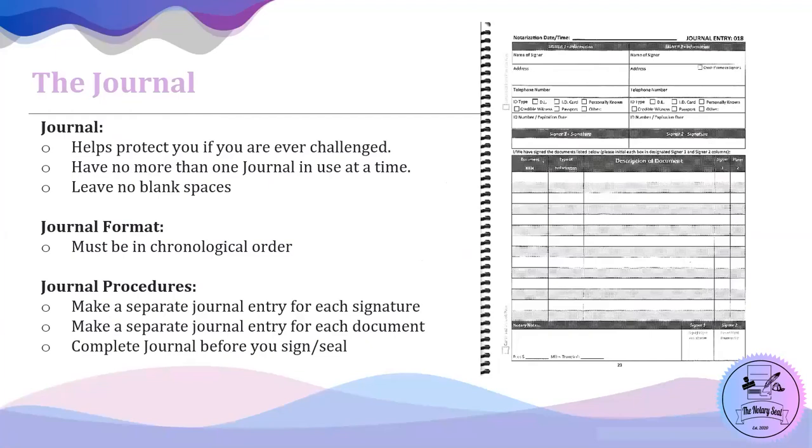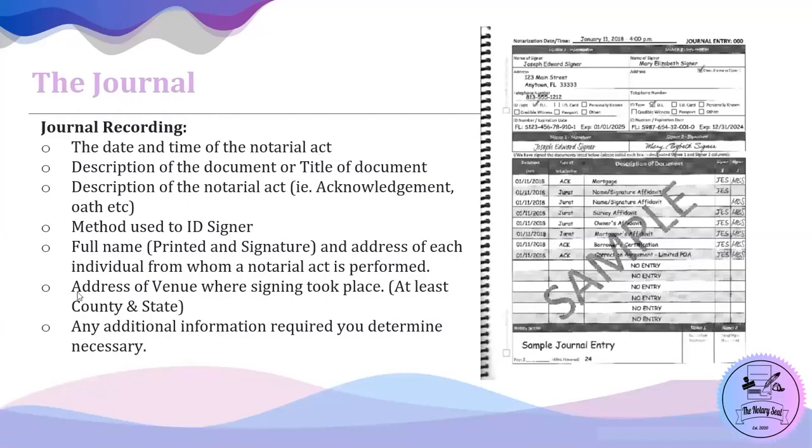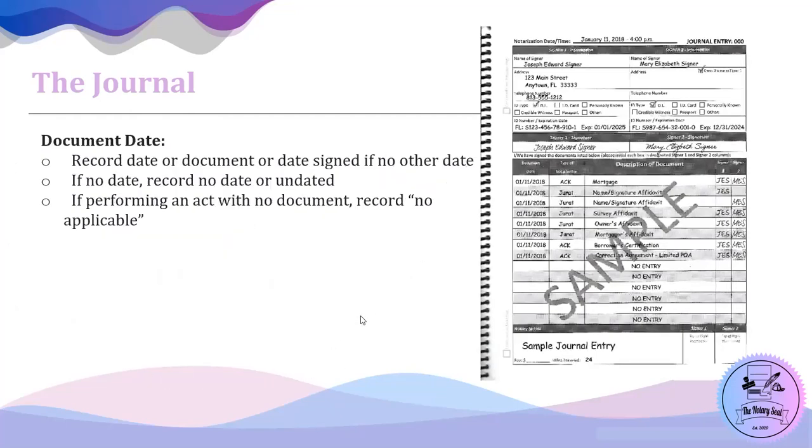It has the address that we asked for, but generally you also put the address of the venue where the signing actually took place. But typically, it would at least be the county and state. You'll see that some journals will ask you for that.